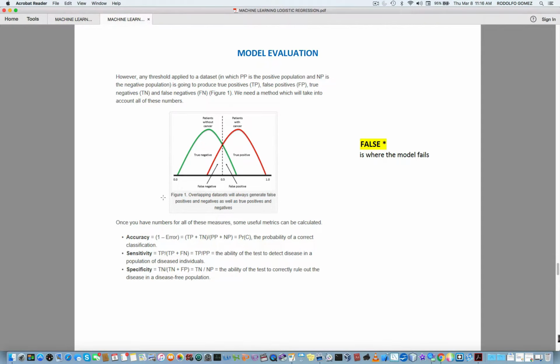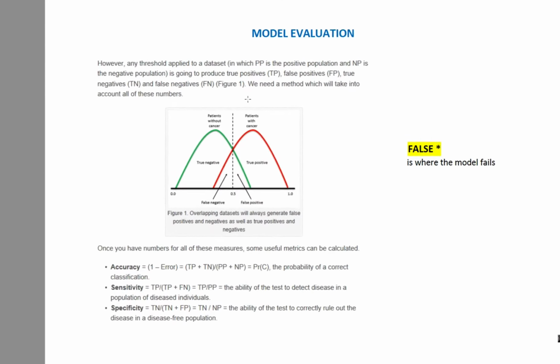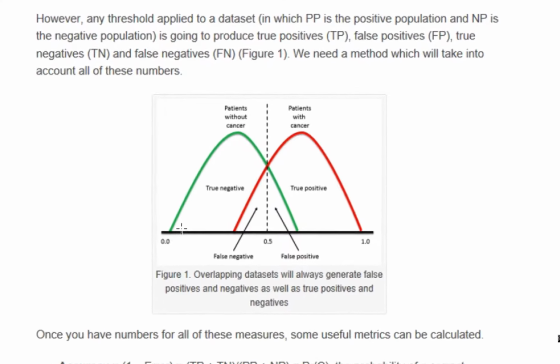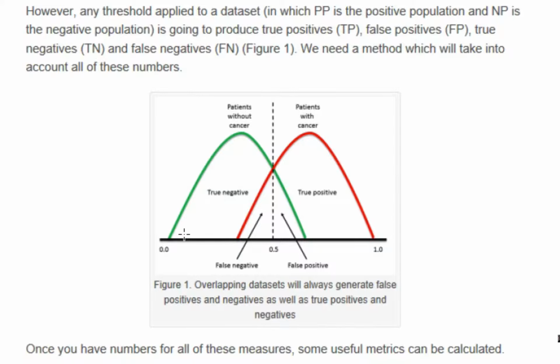Now I want to call your attention to this graph, where you can see on the x-axis the probability ranging from 0 to 1, and on the y-axis the number of patients that corresponds to each one of these probabilities.